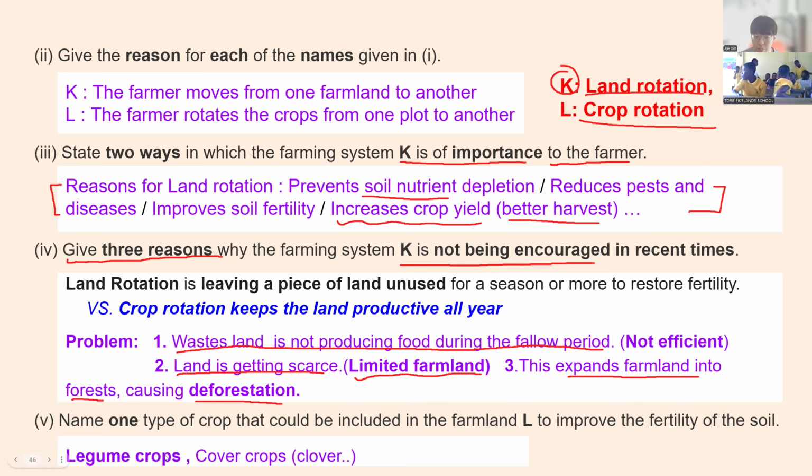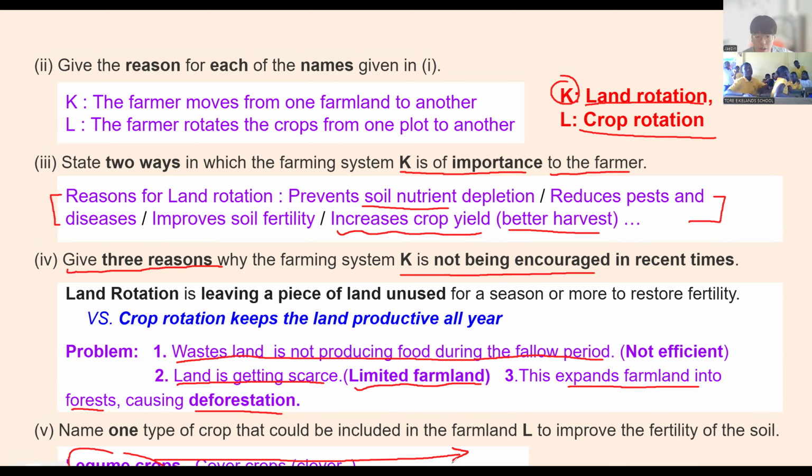And legumes are, in a sense, more important to plant in these crop rotation cycles because, again, they produce and fix nitrogen. So it increases the fertility of the land. So that's why legume crops are important in these crop rotation plantations.